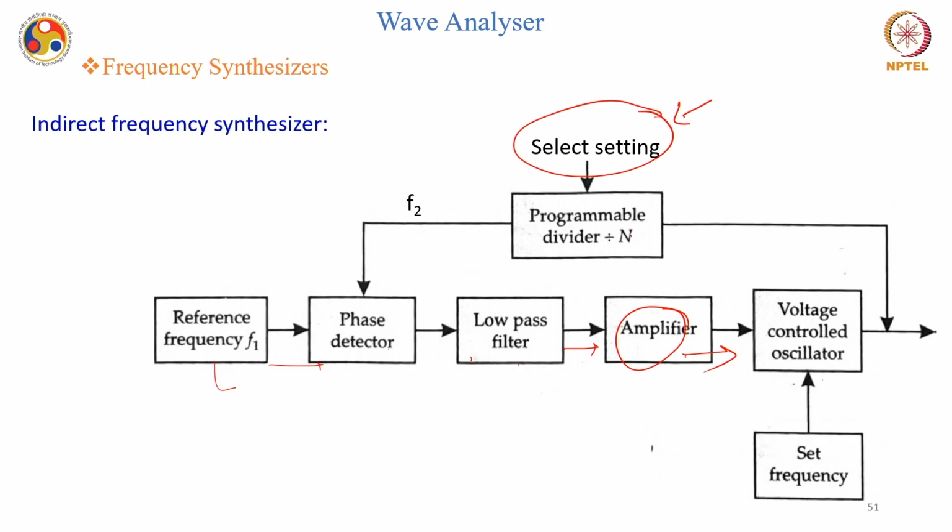This factor n is a user defined parameter. The programmable divider divides by the value n to give an output f2, and again it is fed to a phase detector.